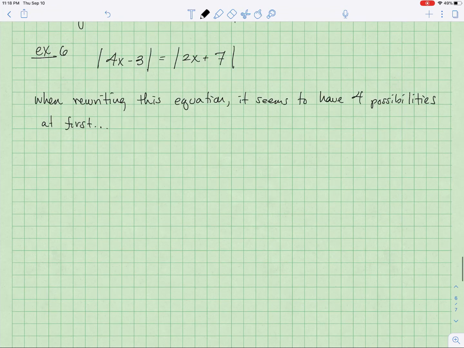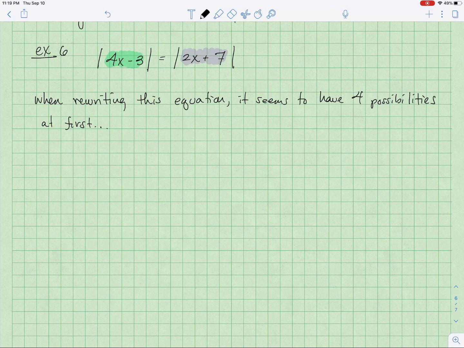What am I talking about? Well, look, we know that the absolute value makes everything positive or 0. It's never negative. So what's inside these absolute values, like 4x minus 3, whatever that number is, it could be positive or it could be negative or 0. And whatever is on the right side could be positive or negative or 0.